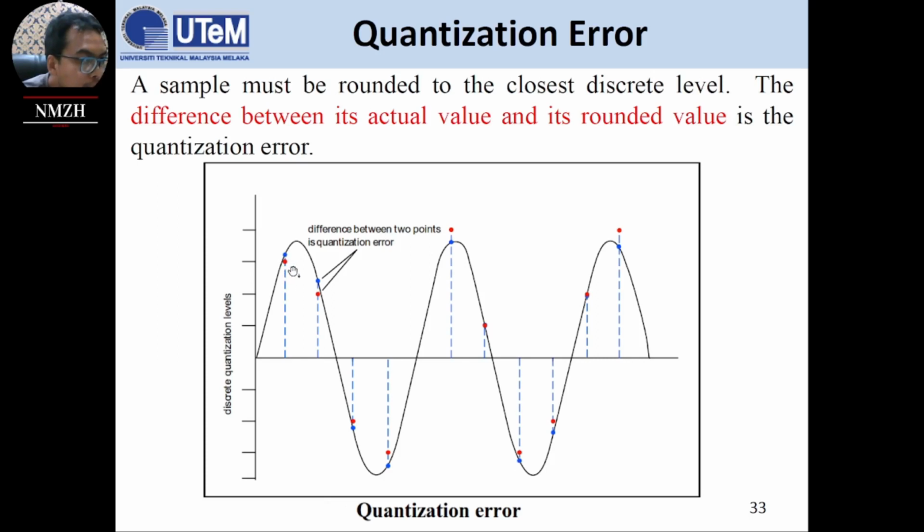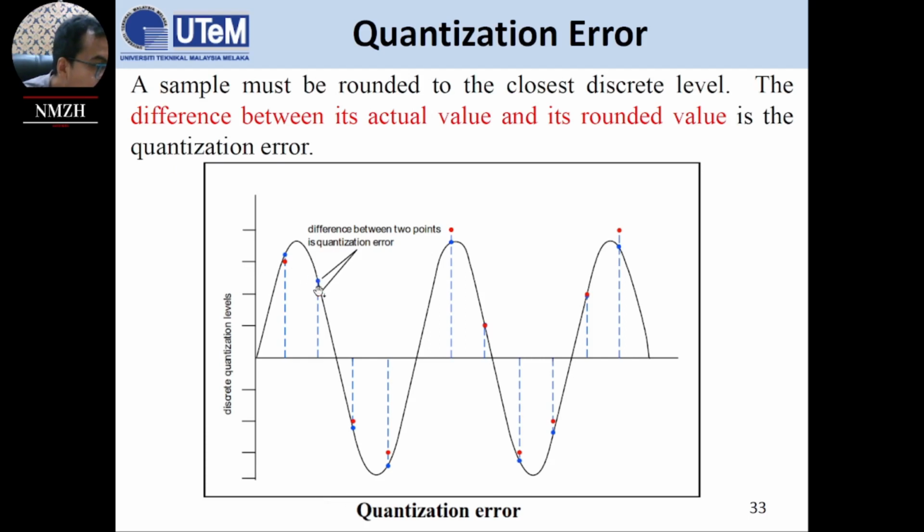So the red one is the nearest quantization level for this blue one. The original dot over here couldn't go up to here because it is too far, right? So this one is the nearest one, so they put it this way for this level.